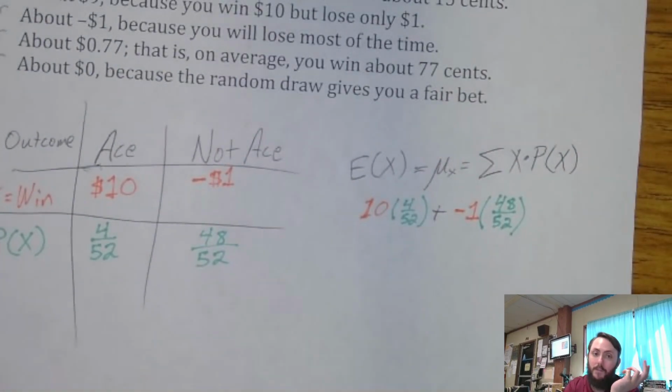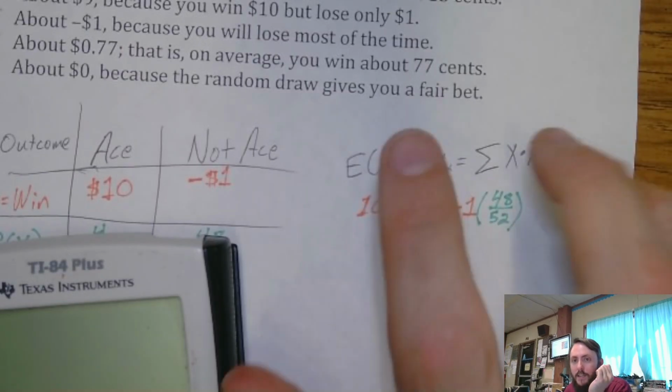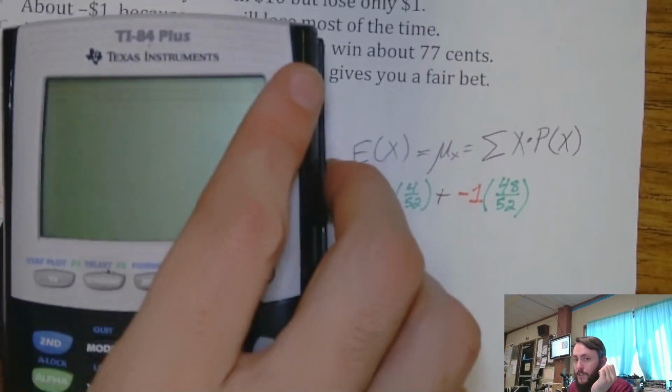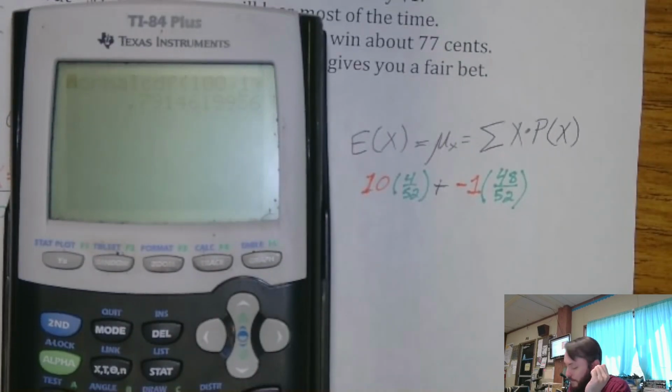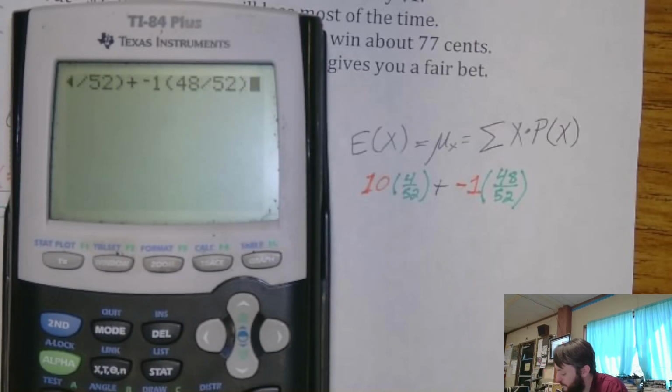Now, at first, it might seem like a good deal because we're only losing $1 but gaining 10, but the probabilities might show something different. On our calculator, we can simply type that in as is: 10 times, parentheses, 4 divided by 52, plus negative 1 times 48 divided by 52.